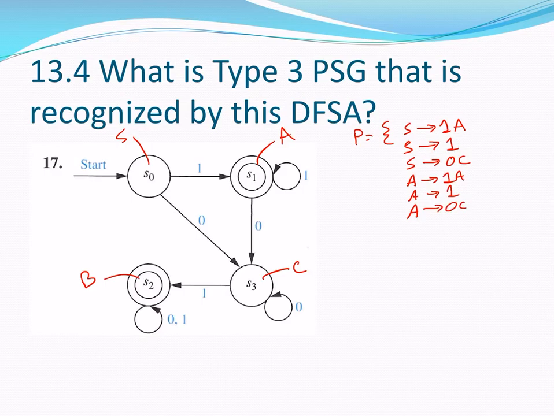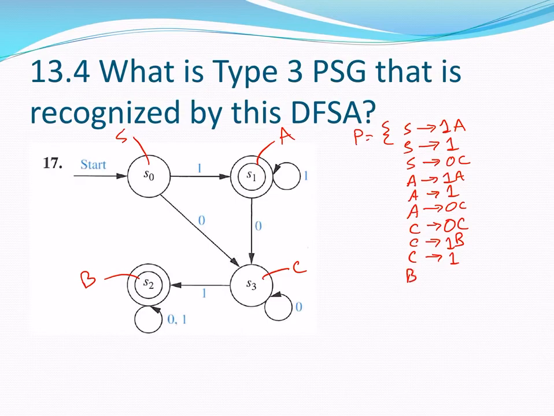How about the state S3? C produces 0C, but not 0. And C produces 1B because it goes to S2 on input of 1. And since S2 is final, C also produces 1. And now that covers all the transitions out of state S3. Now let's go to state S2.